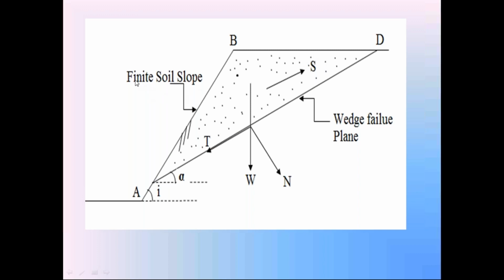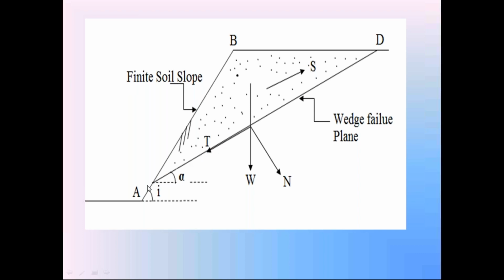Then the factor of safety of the finite side slope about this failure plane AD, this is the wedge failure plane, is equal to S divided by T. Since we know the value of S and the value of T, we can find out the finite side slope factor of safety about this failure surface AD. So this is the procedure to find out the factor of safety of a finite side slope in the wedge failure.